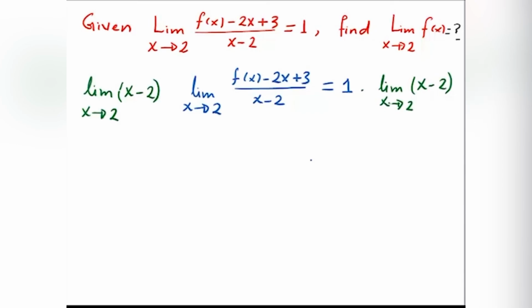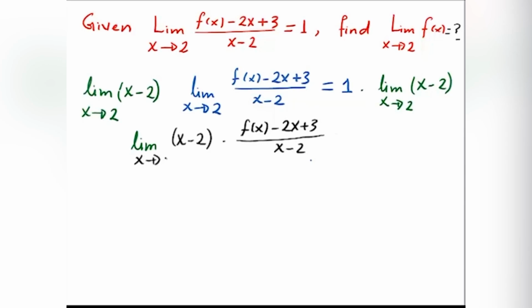You see, in the left-hand side, the limit of the first times the limit of the second will be the limit of the product, okay? So it will be the limit of x minus 2 times f of x minus 2x plus 3 divided by x minus 2 as x goes to 2.